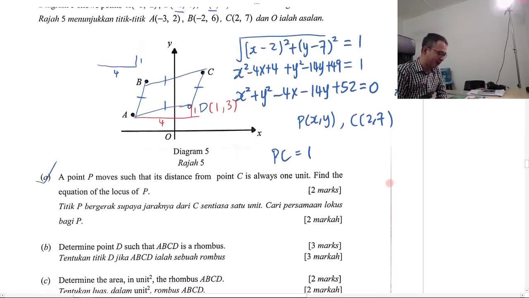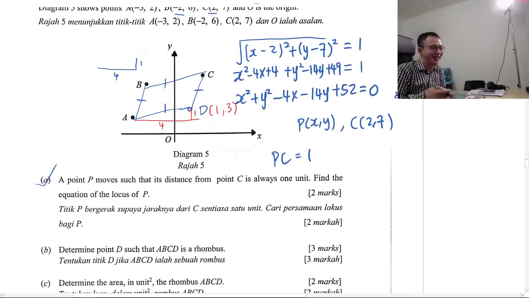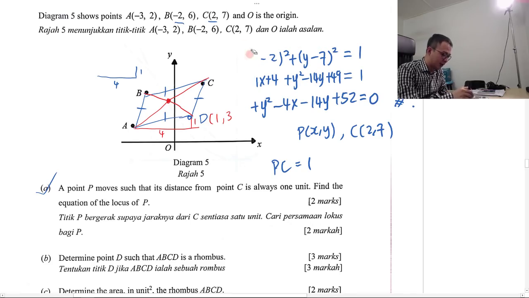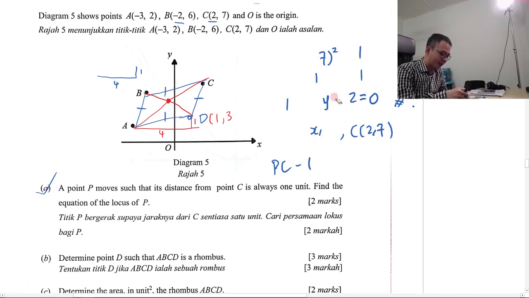So over here I'm going to teach you the normal way to do this question. If this is a rhombus, that means the midpoint of AC is the same as the midpoint of BD. They both share the same midpoint, so I will just use the midpoint formula. I will erase this because I need some space.